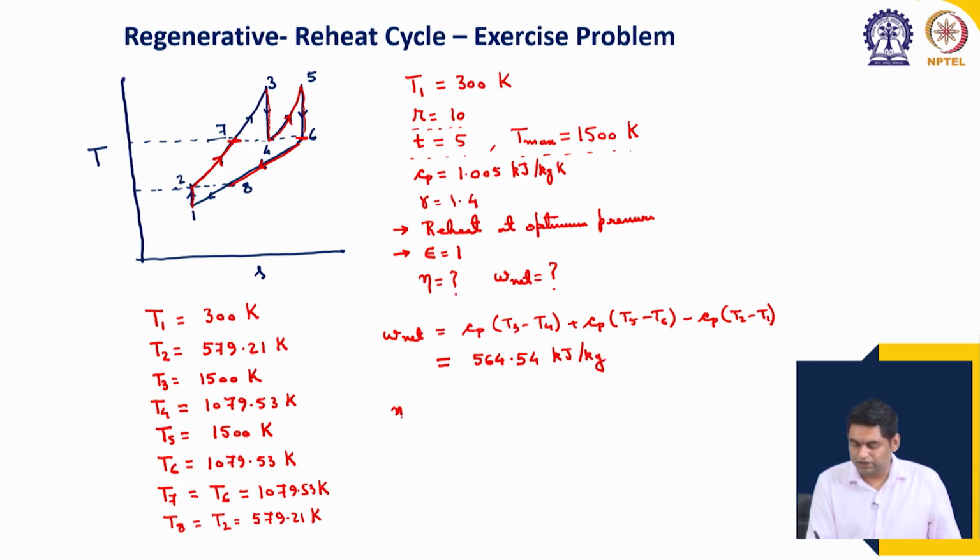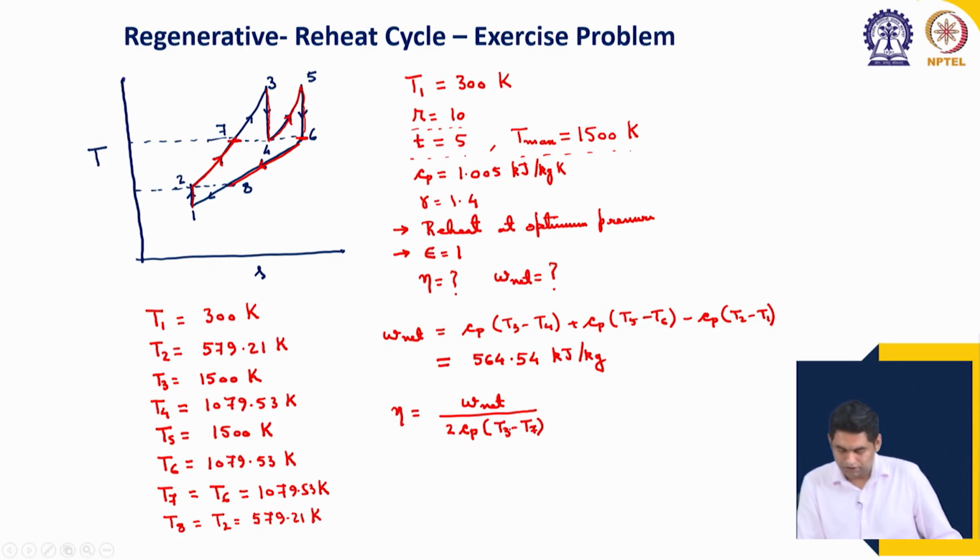The efficiency, on the other hand, is equal to W net by net heat input. In this case, the net heat input is 2 into Cp, because both the heat inputs are equal. I will write in terms of one of them, Cp (T3 minus T7) plus (T5 minus T4).